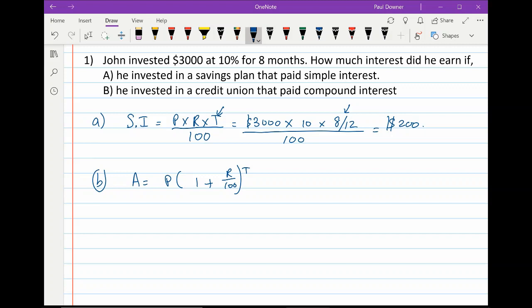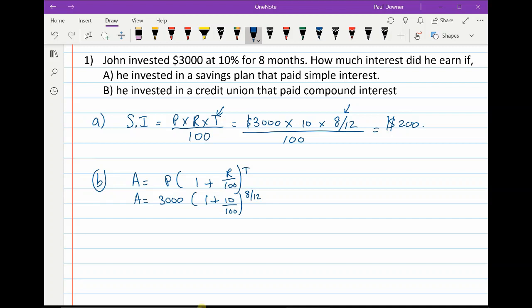So let's put those things in. In order to get the amount accruing, we'll have to put in the principal as 3,000. That is what we are investing. The rate is going to be 10%, so you're going to put 10 over 100 here. And the time frame again is 8 over 12 years.